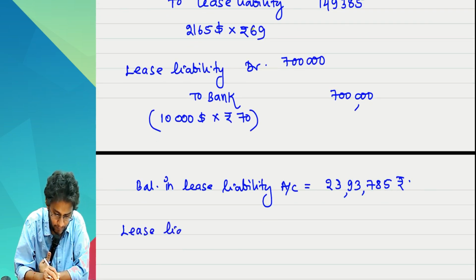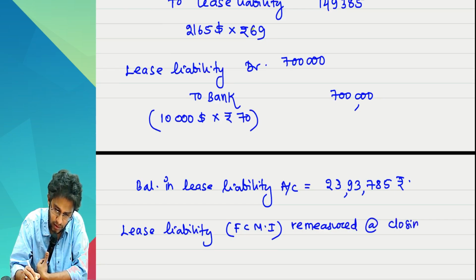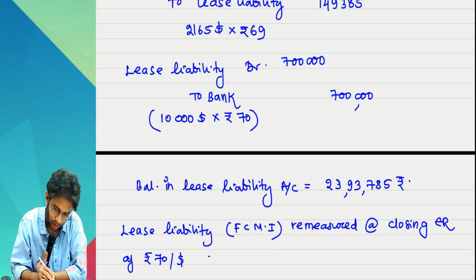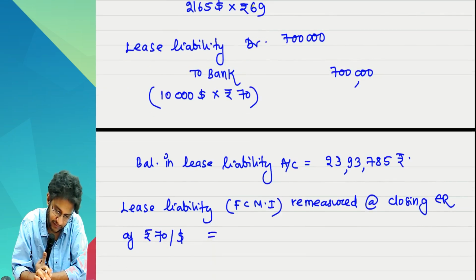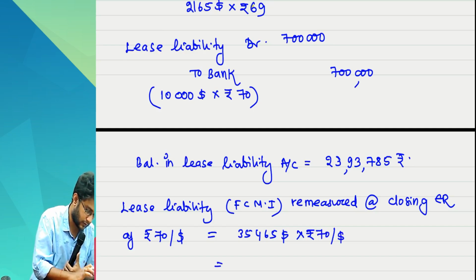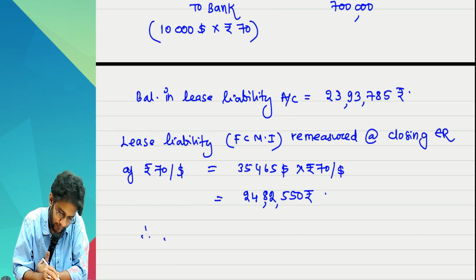Lease liability is a foreign currency monetary item which is remeasured at the closing exchange rate of rupees 70 per dollar. So 35,465 should be multiplied with 70 rupees per dollar, so that will give you 24,82,550 rupees.